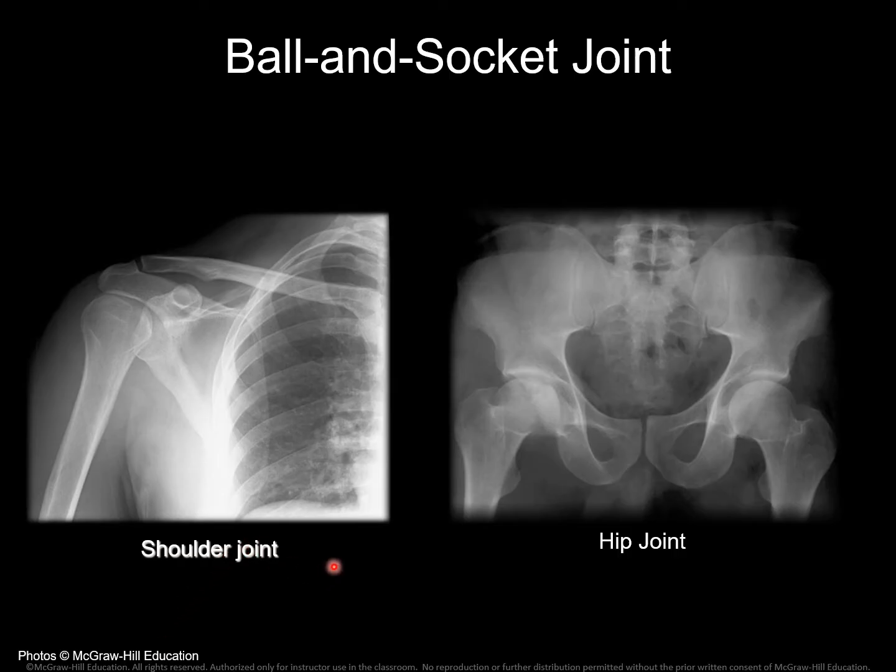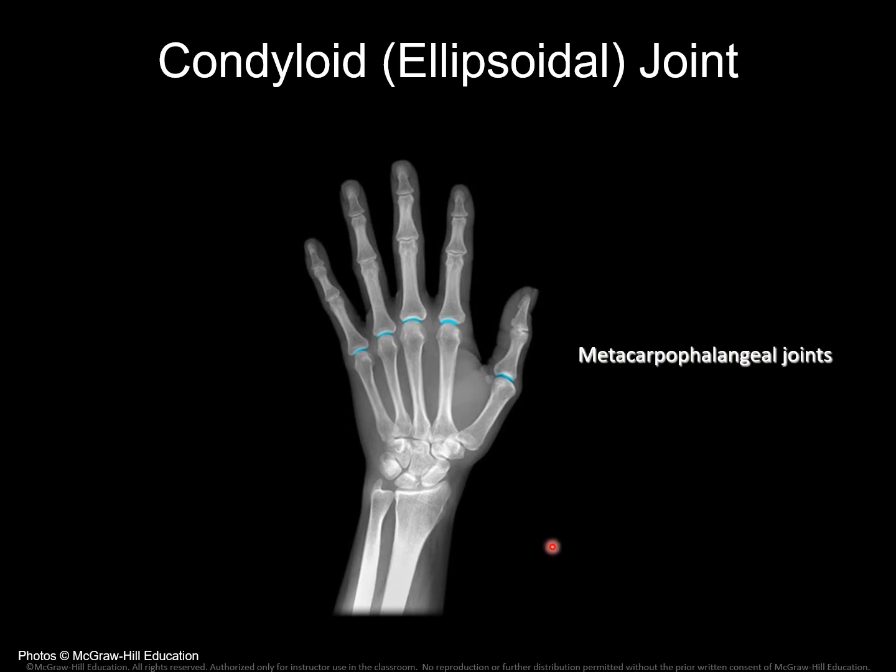Here's a ball and socket joint. We have the head of the humerus joining with the glenoid fossa, and our hip joint, the head of the femur joining with the acetabulum. Condyloid, or condylar: metacarpophalangeal joints.